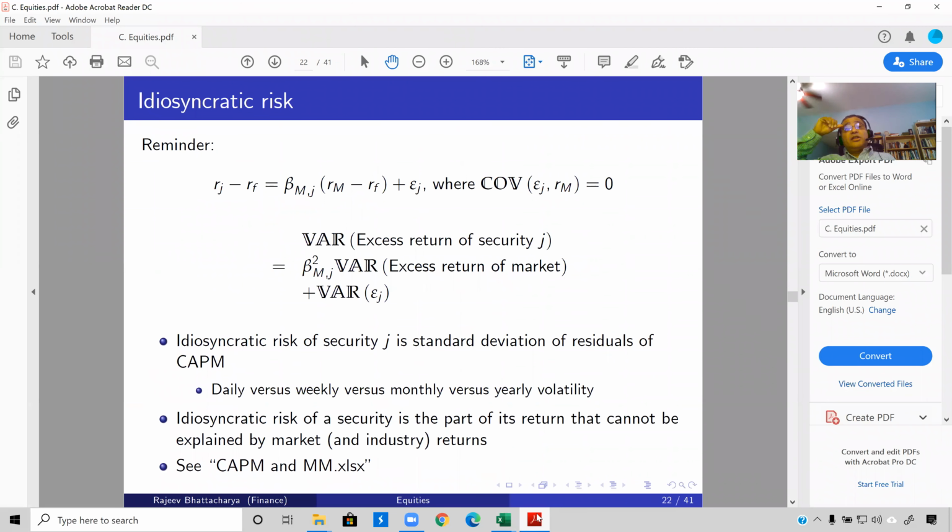Here you go, the decomposition of the variance of the security in question between the systematic component and the idiosyncratic component.